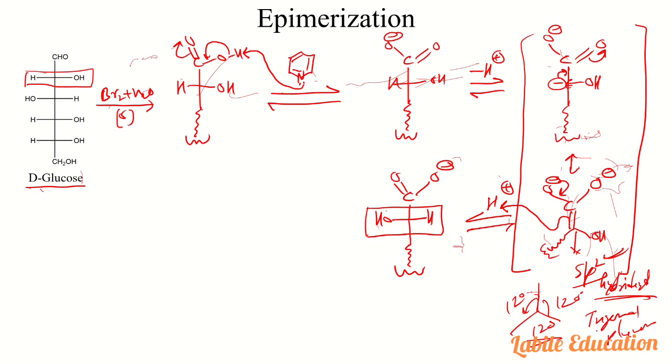So this is trigonal planar, in the same plane. So this proton can attach to either side of this trigonal planar carbon, either from this side or from the back side.